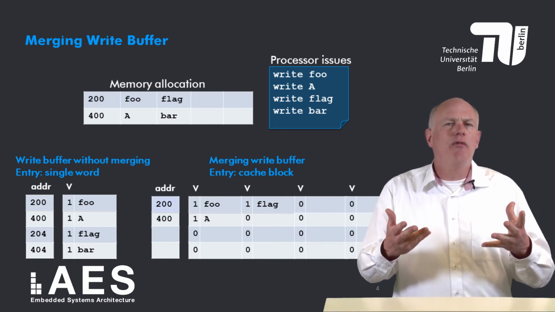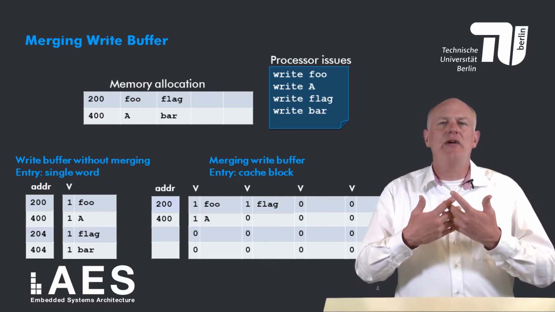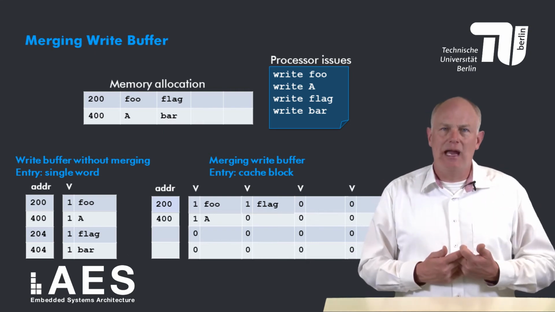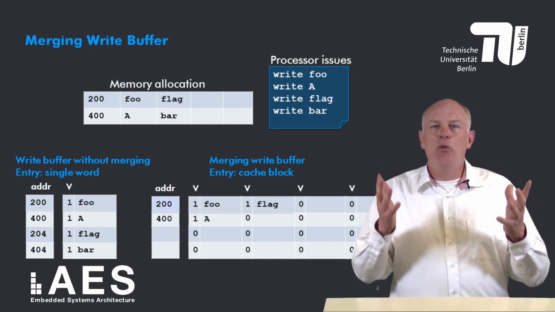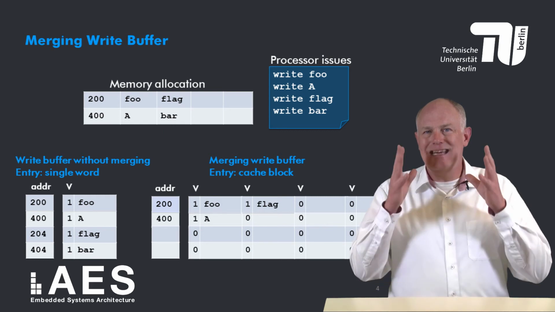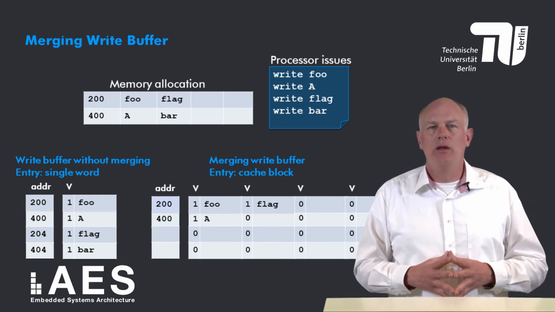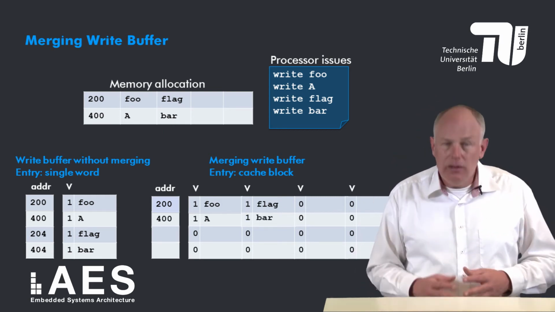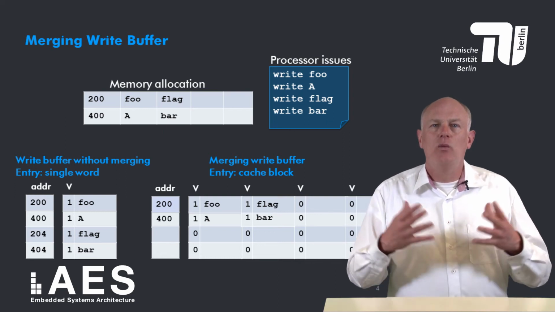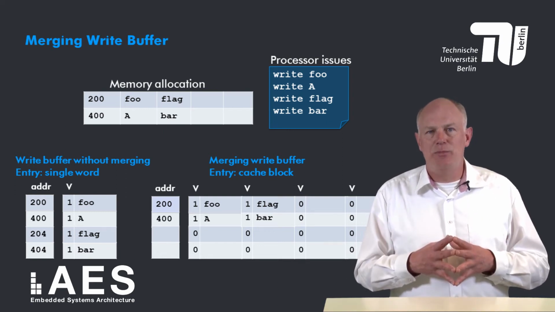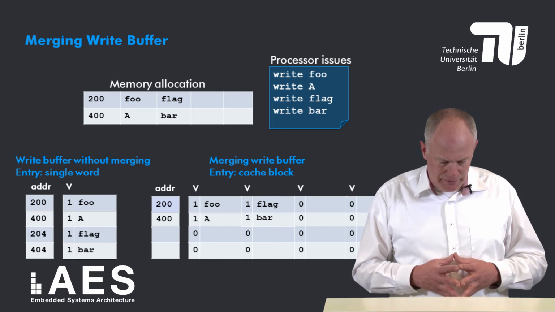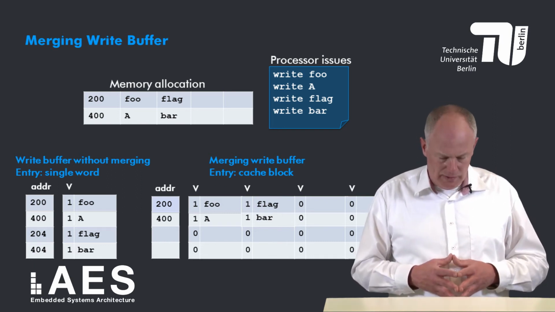So the write to flag will actually take effect before the write to A. This is exactly what we did not want to happen. To complete this example, the write to bar will be placed at this position in the merging write buffer and will be written together with A.